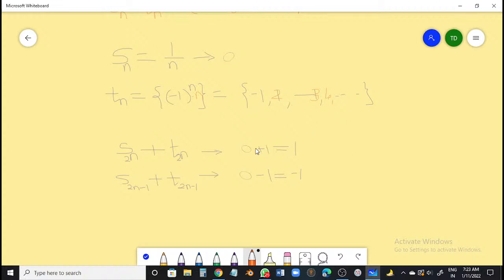Actually this is going to be 2n, and 2n means it will not converge. It will go to plus infinity. And for the odd terms it is going to be 0 minus (2n minus 1), so it will surely go to minus infinity. So in that case also it diverges. It will not converge.